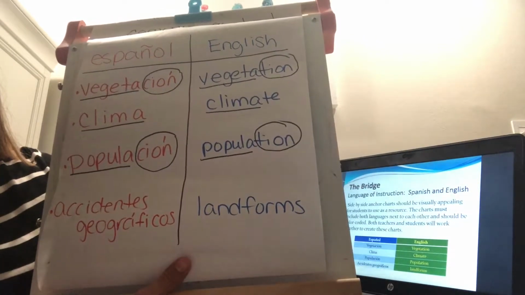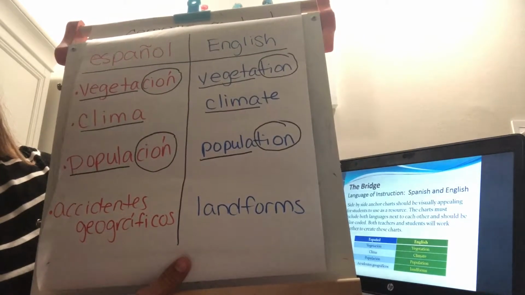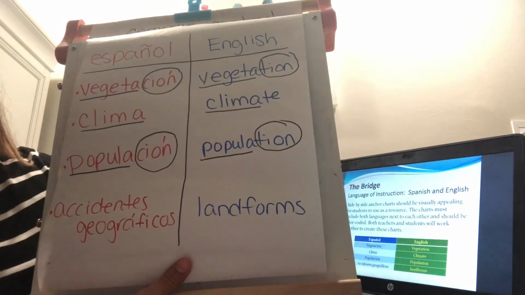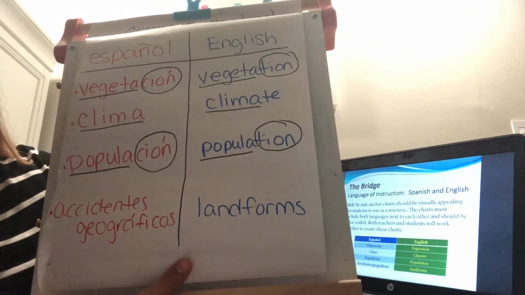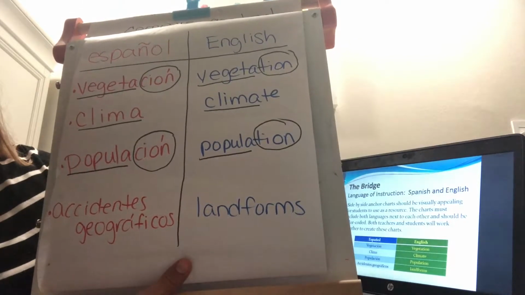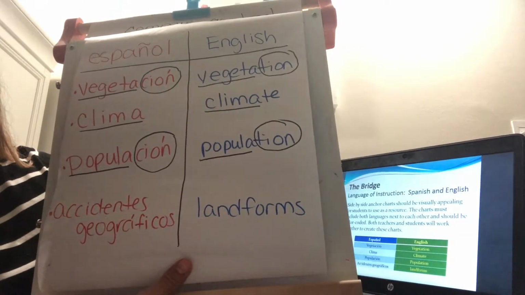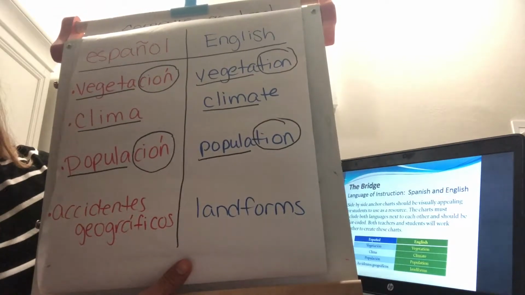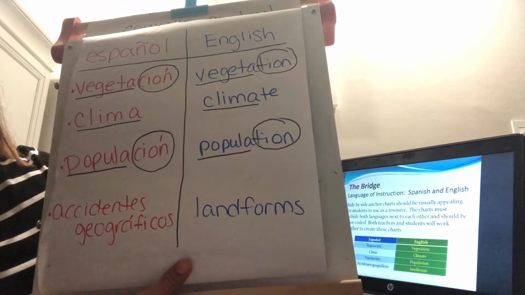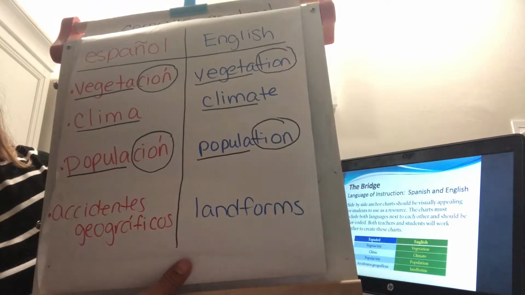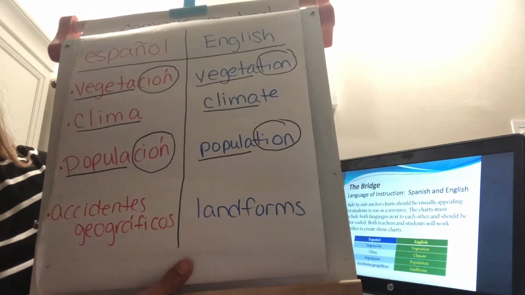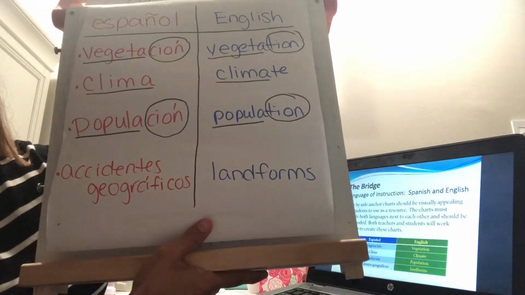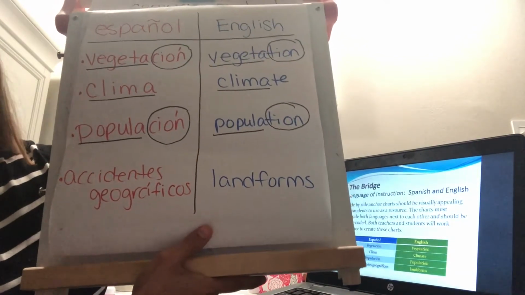So for example, on clima and climate, I've only underlined the similarities. For populación and population, I've underlined the similarity, and then the ending ción, and how it would end in English, which is shun. And as you can see at the very last word, we have accidentes geográficos versus landforms.